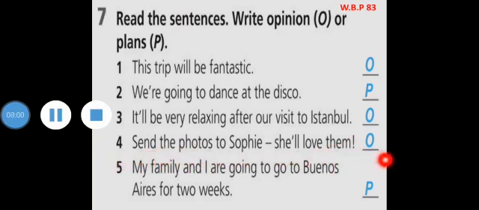It is plan P. And pay attention, in sentence number 4, we do not have an adjective, but it is opinion. Send the photos to Sophie, she will love them. It is not a plan. This is my point of view or opinion. Good answers, my wonderful students.